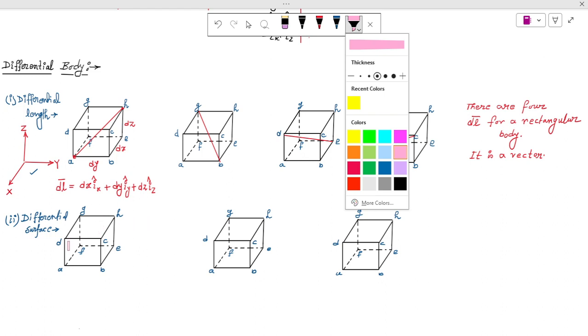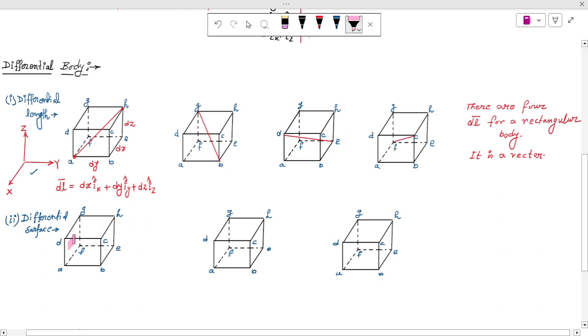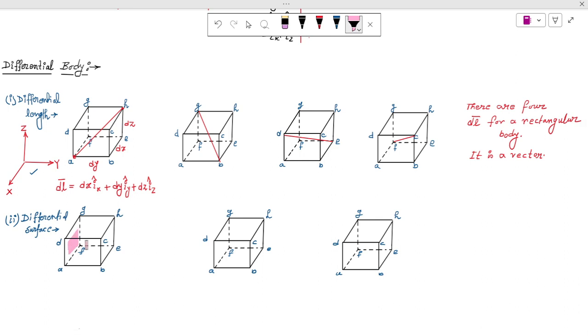Suppose for this plane, the name of this plane is AFGD, and this plane is BEHC.